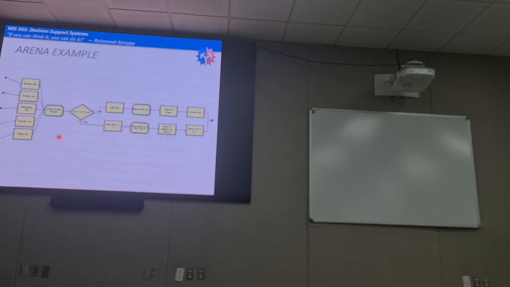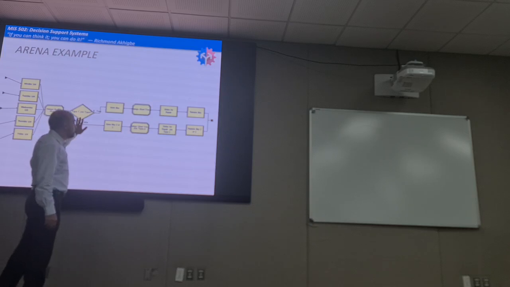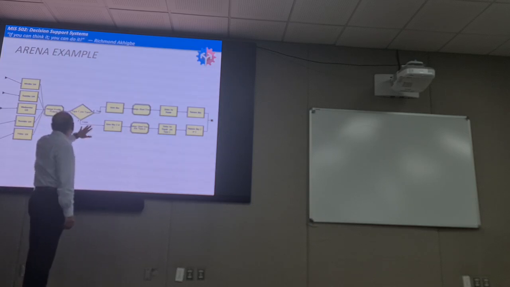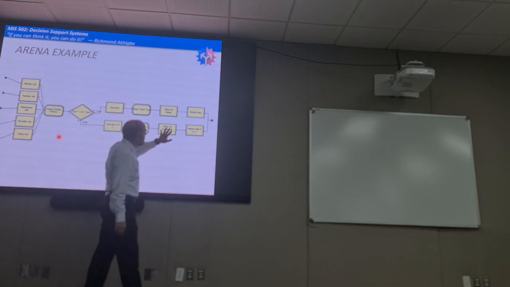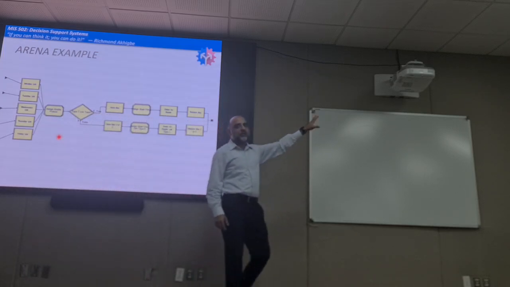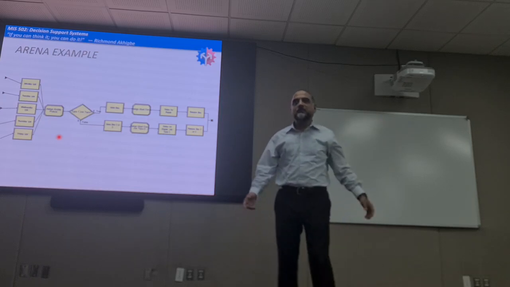Okay, so an Arena model looks something like this. You have arrivals, you have decisions. This is a decision: go this way or that way. Assigning certain attributes, going to different services, and then eventually going out at the end. Very simple.